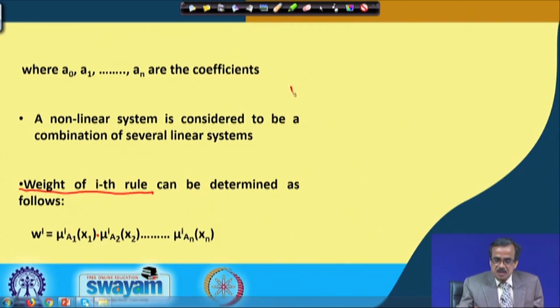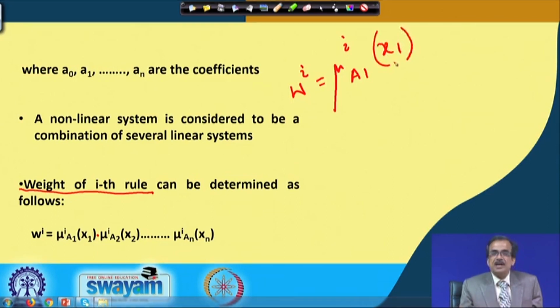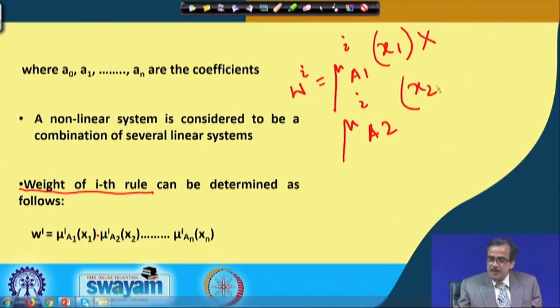That means the strength of the ith rule is represented as the membership value of A1 corresponding to the ith rule when I pass x1 as the input variable, multiplied by mu A2 corresponding to the ith rule when I pass x2 as the input variable.